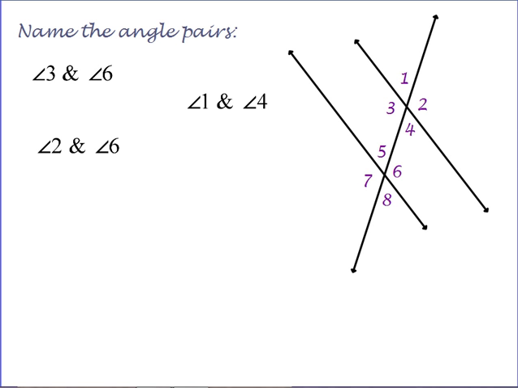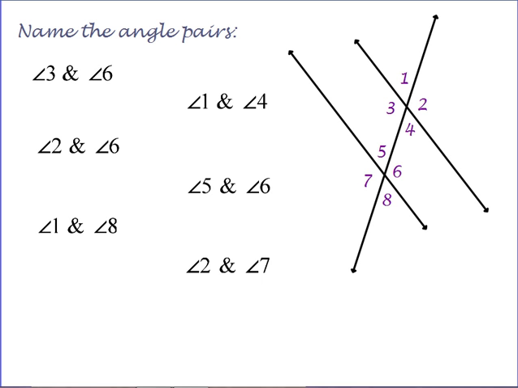2 and 6, complementary. Not complementary, corresponding angles. 2 and 6 are corresponding angles. Whoops. 5 and 6, they're supplementary. That's the only type of angle pair they can be, except for they also share a common vertex and side, so they could also be adjacent. 1 and 8 are alternate exterior.